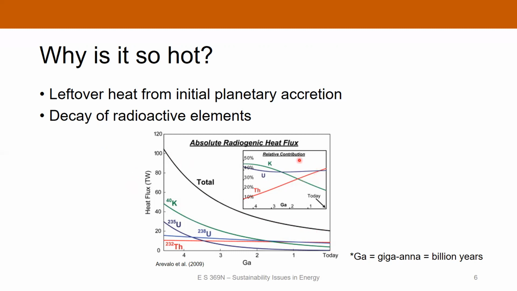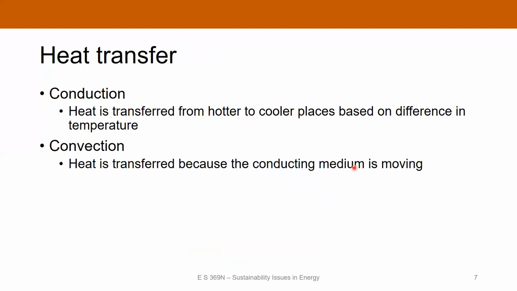Now, if we look at the relative contribution of the three different radioactive species, potassium is actually the lowest contributor today, and thorium and uranium are roughly equal. So that's what the radioactive elements give us in terms of heat flux.